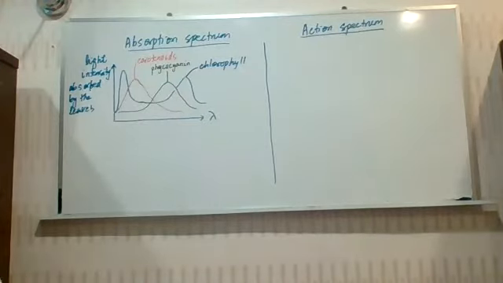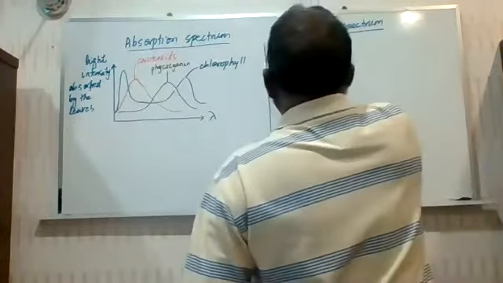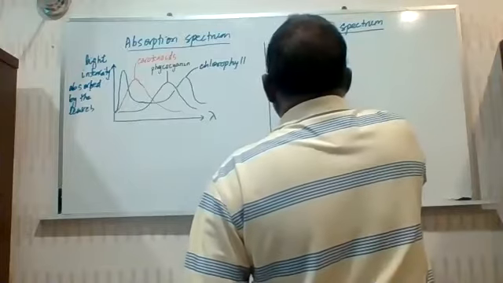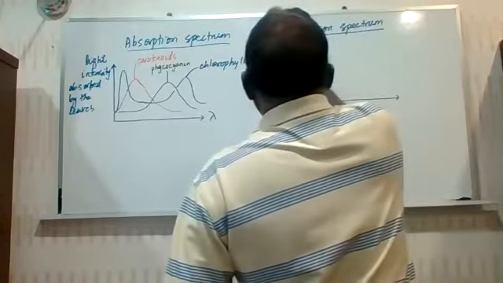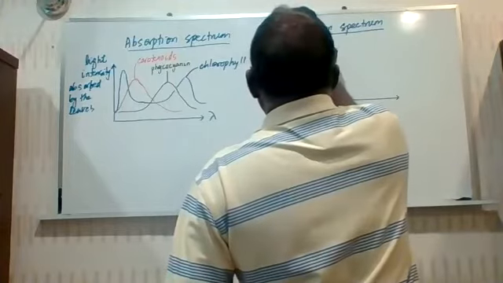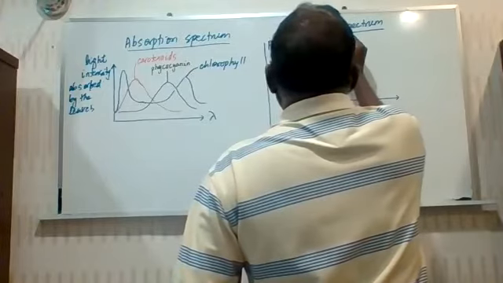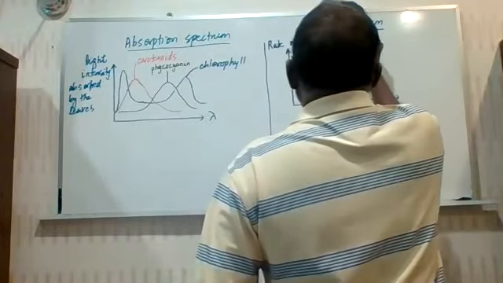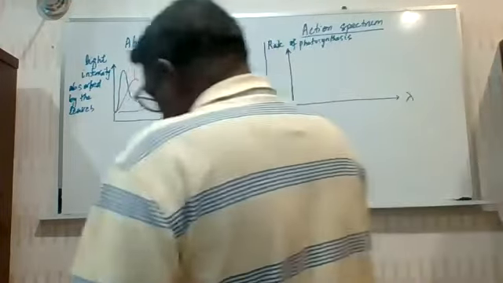Now, what's your action spectrum? Your action spectrum is a graph obtained by plotting the rate of photosynthesis against lambda.